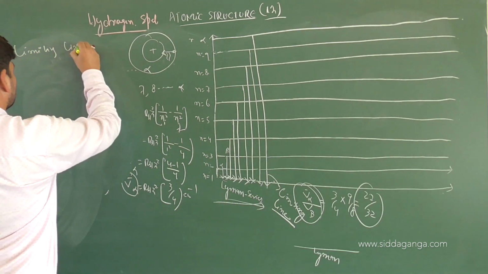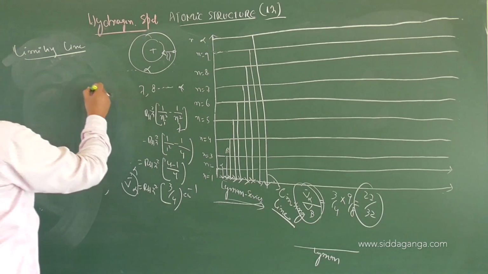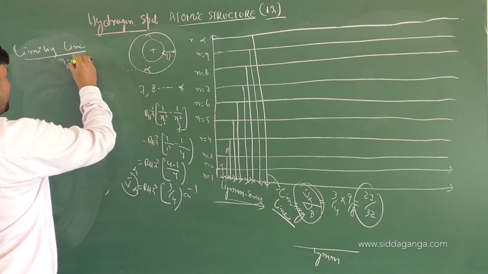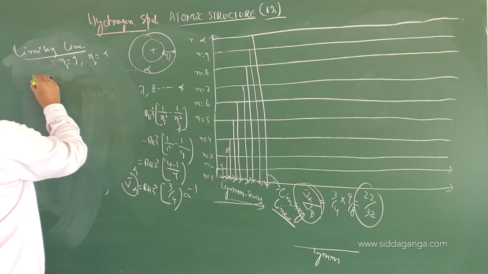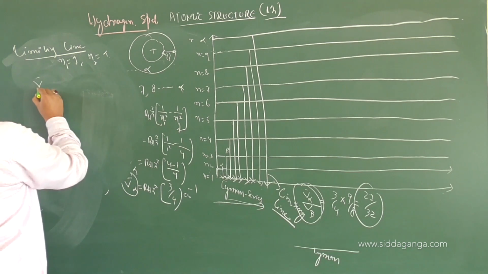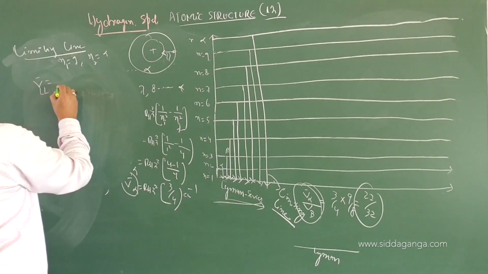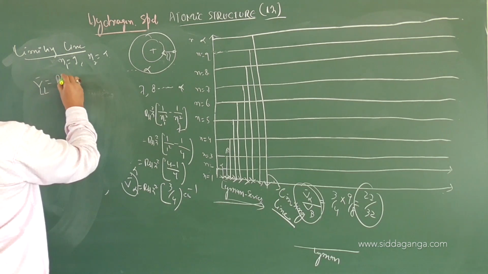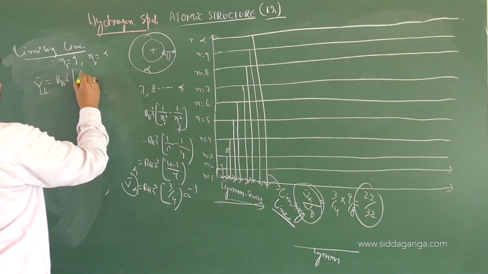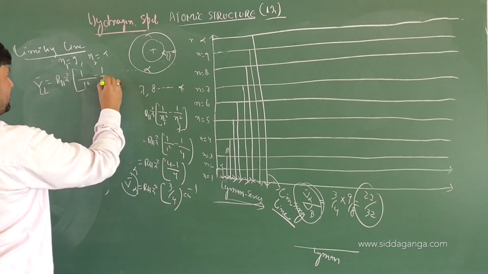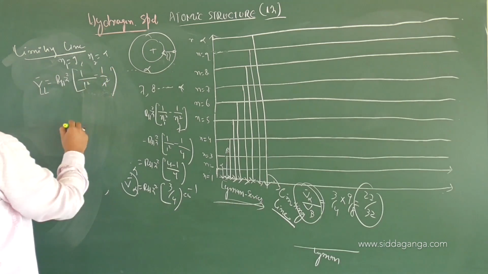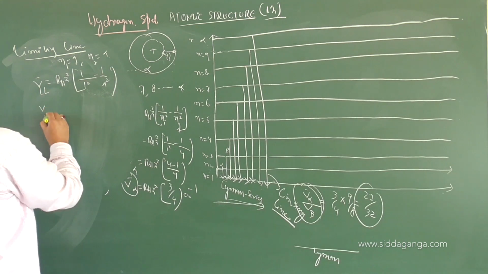Limiting line. Which series? Lyman series. So what is n1 here? 1. And what is n2 here? Infinity. Wave number of limiting line will be equal to RH Z square into 1 by 1 square minus 1 by infinity square. Anything divided by infinity is 0.